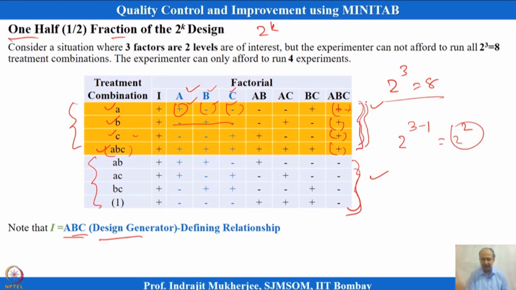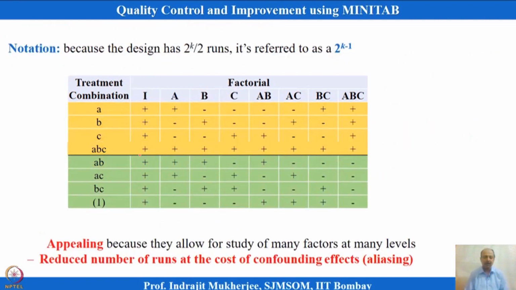I can take the first block, which is known as the principal block, and only carry out these trials, that is the combination A, B, C and A, B, C. This is basically half of the full trials, 2 to the power k by 2, so 2 to the power k minus 1 that I mentioned. This is 2 to the power 3 minus 1 that we are running. Symbolically we write it like that.